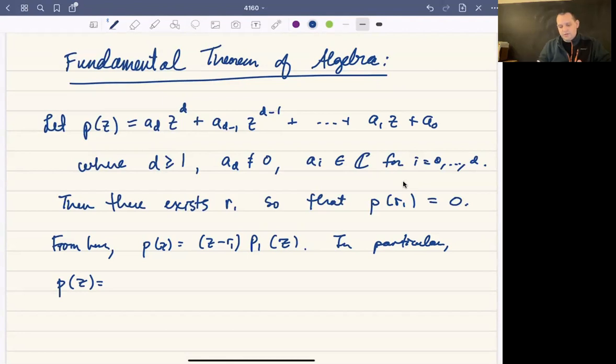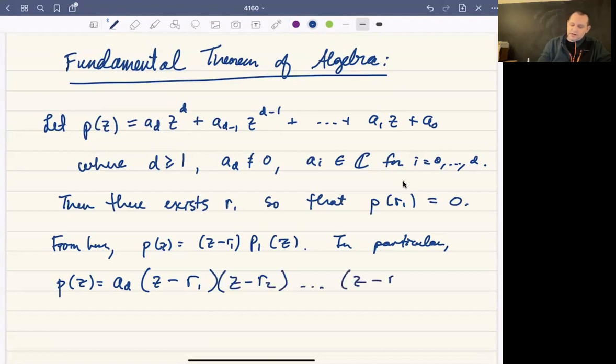And so in particular, what this tells you is that P of z is equal to, if you just apply this again and again, so formally you would do this by induction, P of z is going to be the quantity a sub d times the product of all of its roots, z minus r1 times z minus r2, all the way down to z minus rd, where r1 to rd are the d roots.